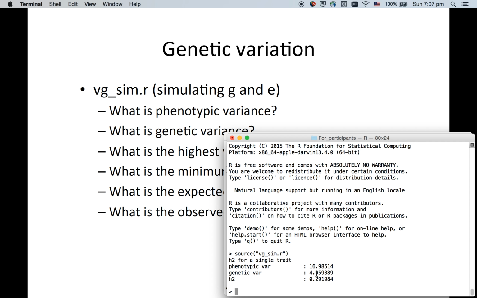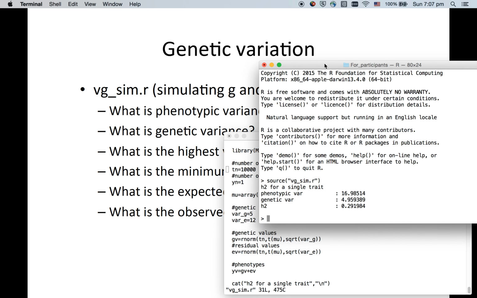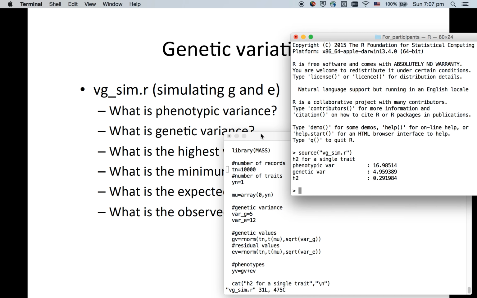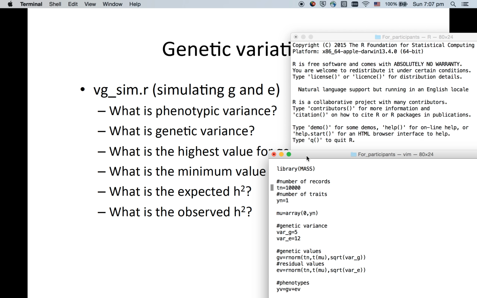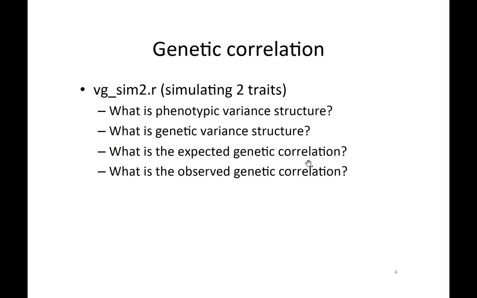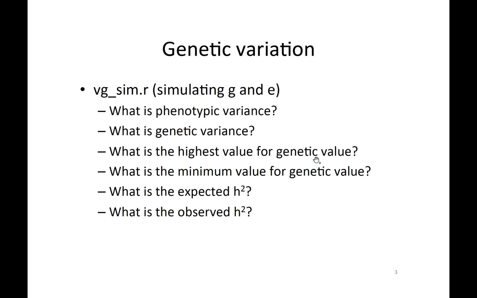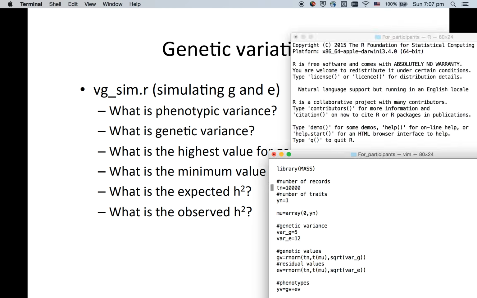The genetic variance is here, 4.95. And what is the highest value for the genetic value?